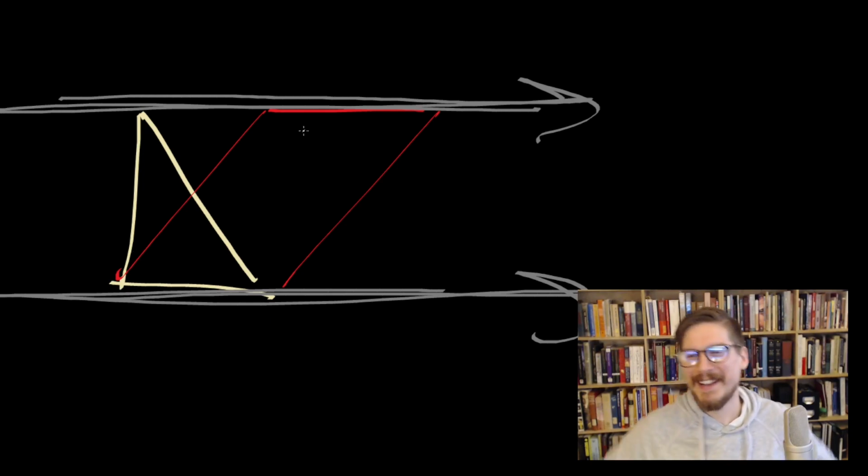I'm not going to explain it. I'm just going to tell you that's the theorem, and it's true. He proves it. But the triangle is exactly half the area of this parallelogram.